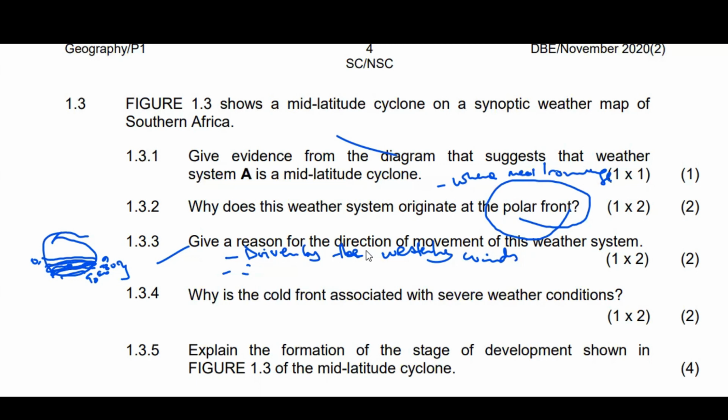Automatically, even you who's in that bus, you will go in the same direction where the bus is going. So one of the reasons that you're going to give here is because it is located in the westerly belt. So those are reasons. It is driven by the westerly winds, or it's located in the westerly belt. You can choose any that is answering these questions.